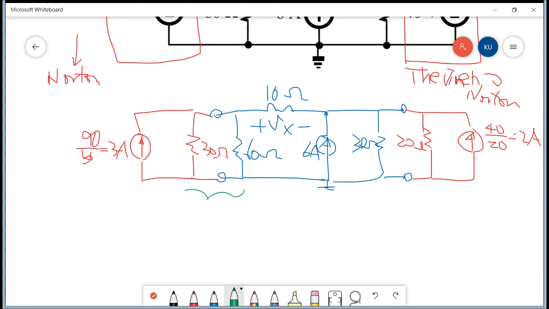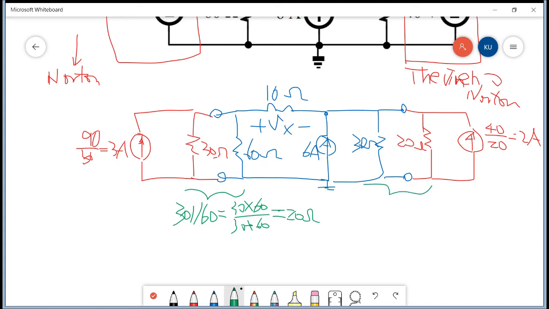These two resistors are in parallel, so 30 parallel 60 equals 30 times 60 over 30 plus 60, which is 20 ohm.